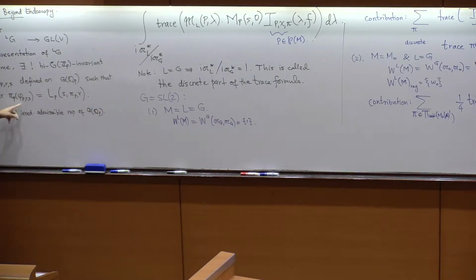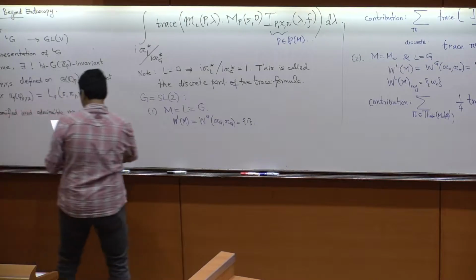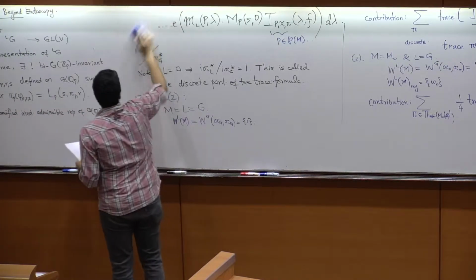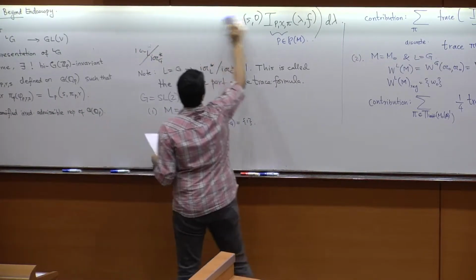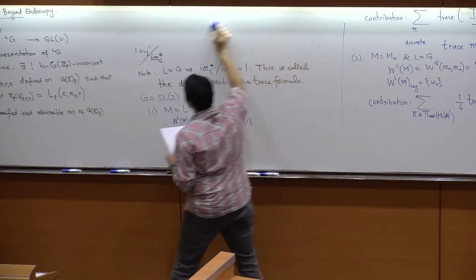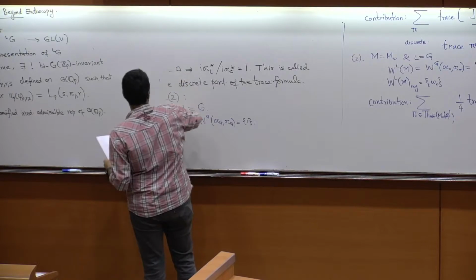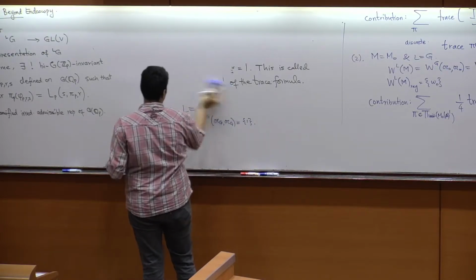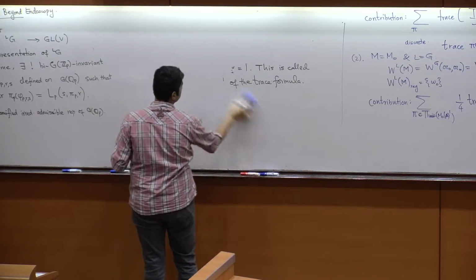So this test function gives you the L factor on the nose. Now at the Archimedean place, I will choose some function, come up with a test function on the adelic points, and plug it in the trace formula.